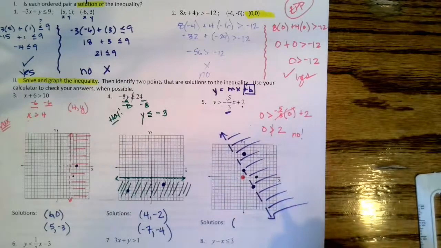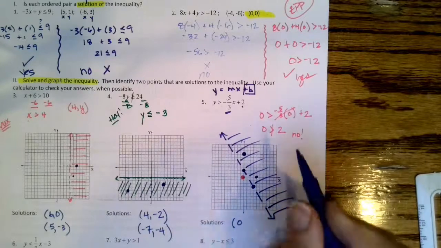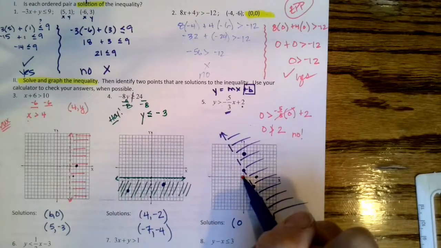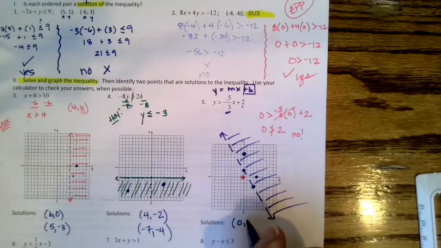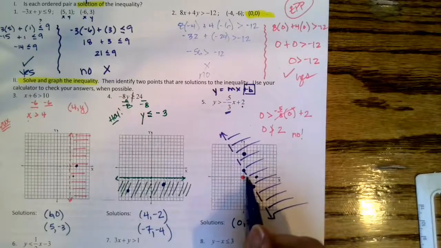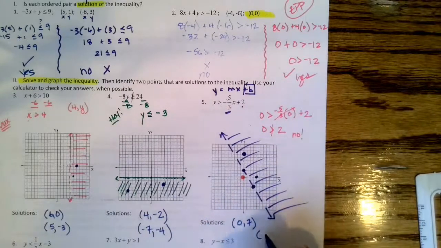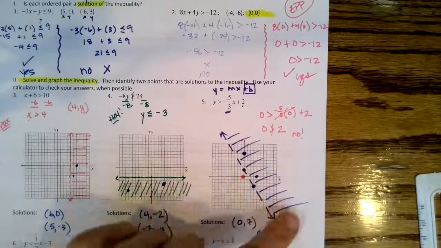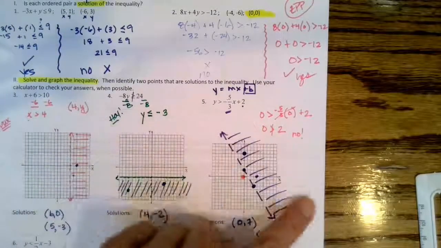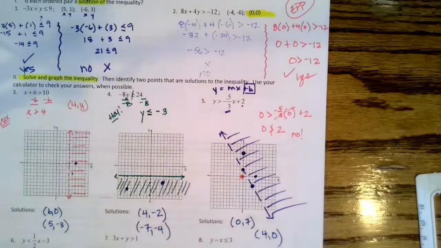Again, you can pick whatever you want. Here I did over 0, up 1, 2, 3, 4, 5, 6, 7. And my other point is over 1, 2, 3, 4, and up 0. You can pick whatever points you want as long as they're on this side of the line and not on it.